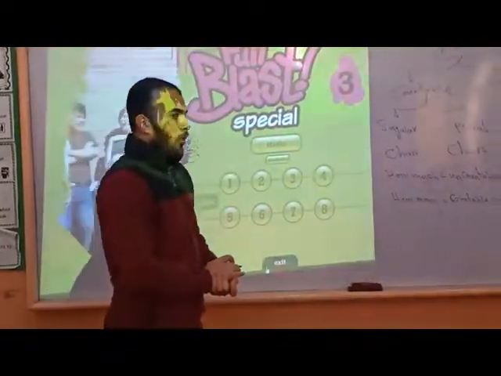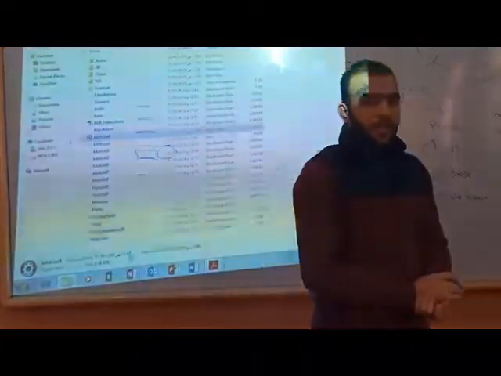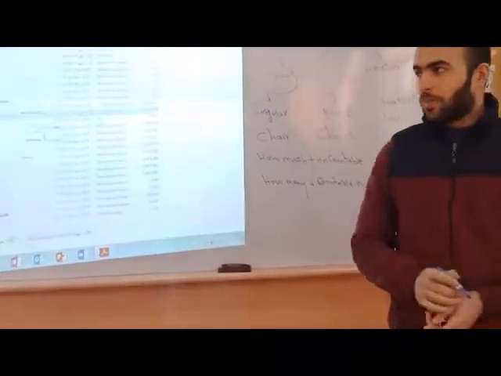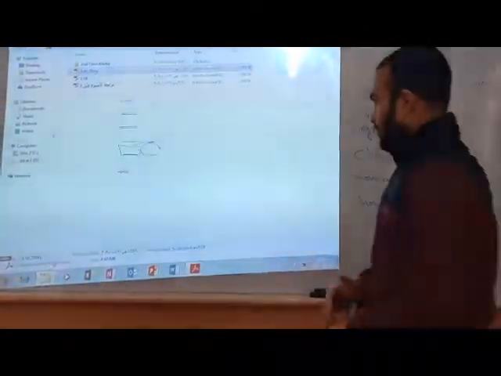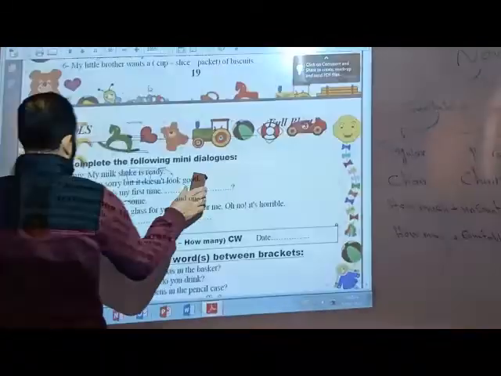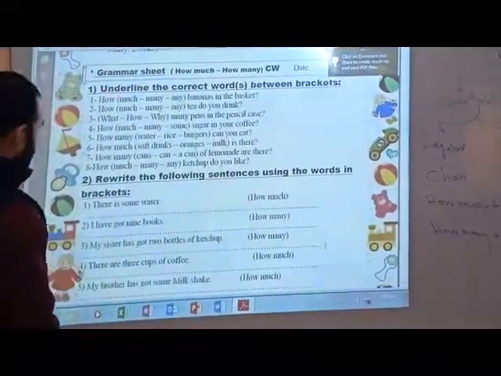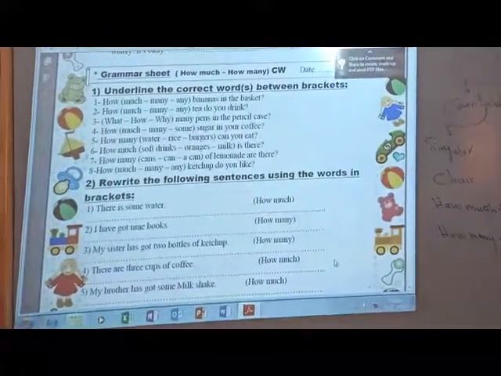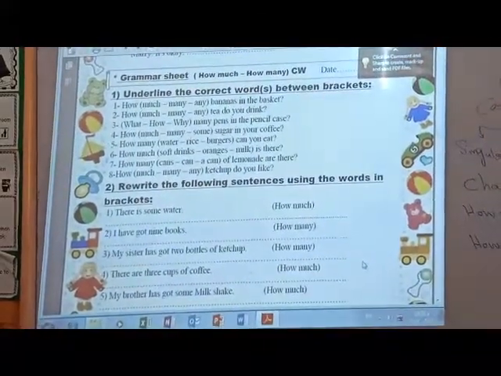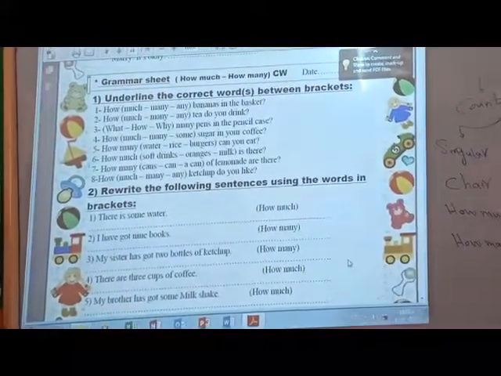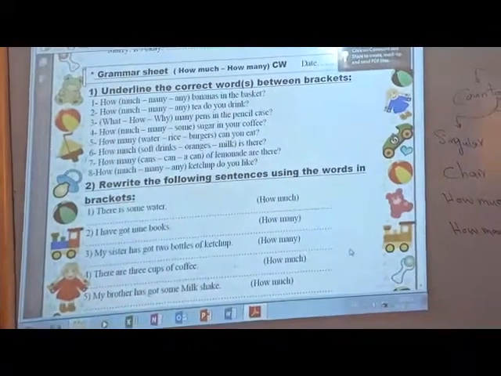Now we are going to move to the workbook, page number 20. Let's start with exercise 1. Underline the correct words between brackets. Number 1.